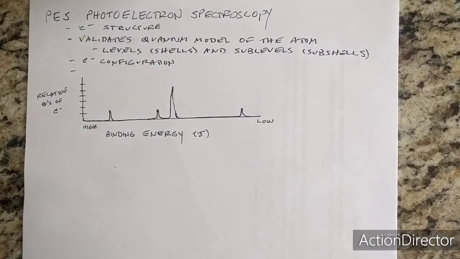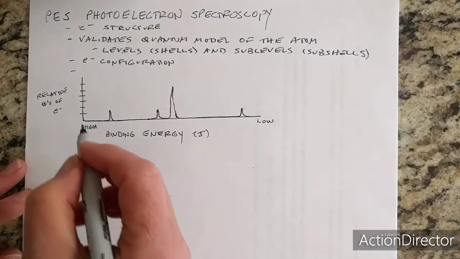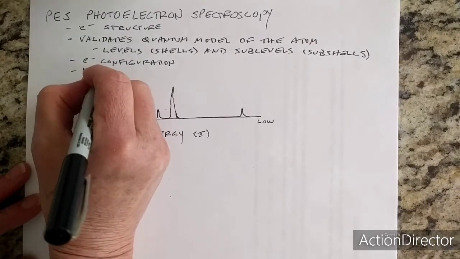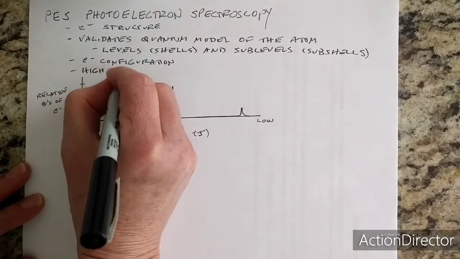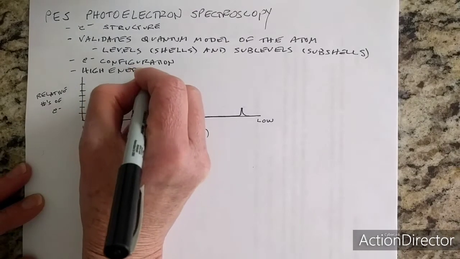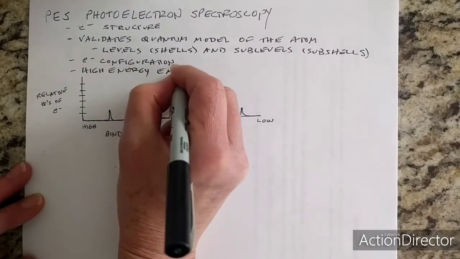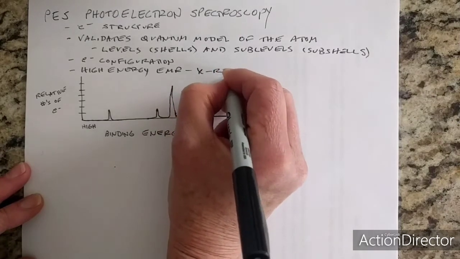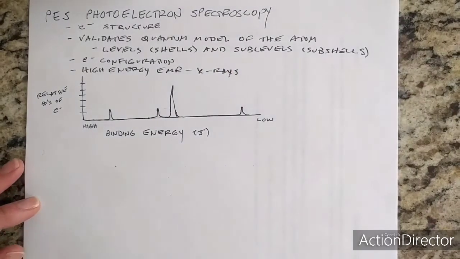When we are doing PES, usually the EMR is high energy, as in X-rays. X-rays have very short wavelength, very high frequency, and very high energy.